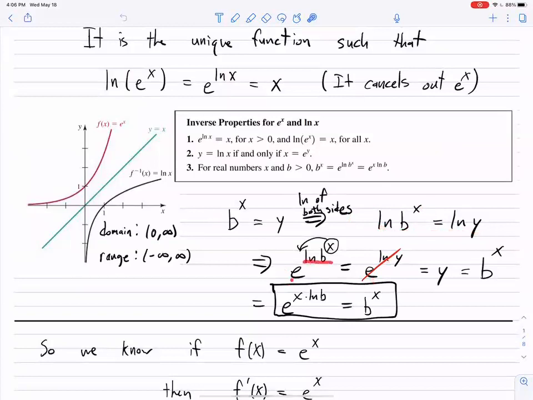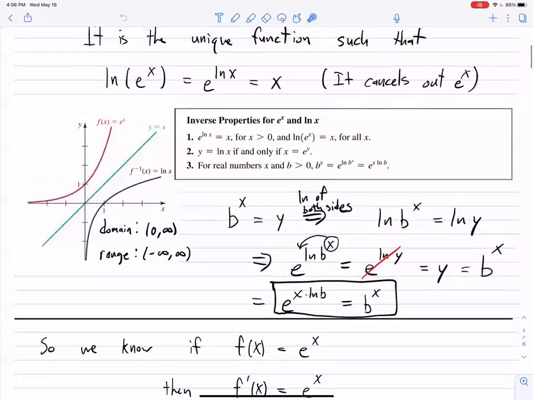And then e raised to the ln of b to the x can come down. And so then you have e to the x ln of b, and e to the ln of y is just equal to y because e and ln cancel out. And so e to the x ln of b is equal to b to the x. That's this third property right here. And so we're going to use that a lot.